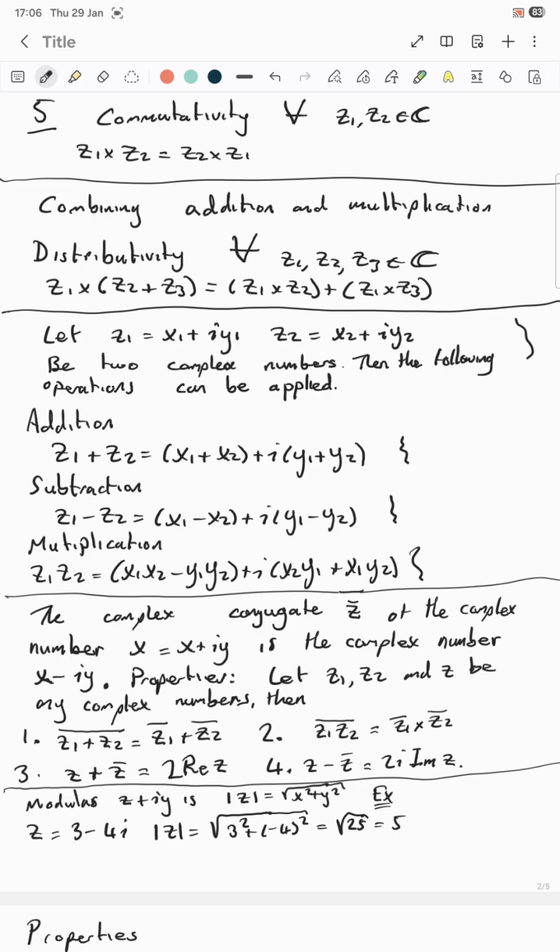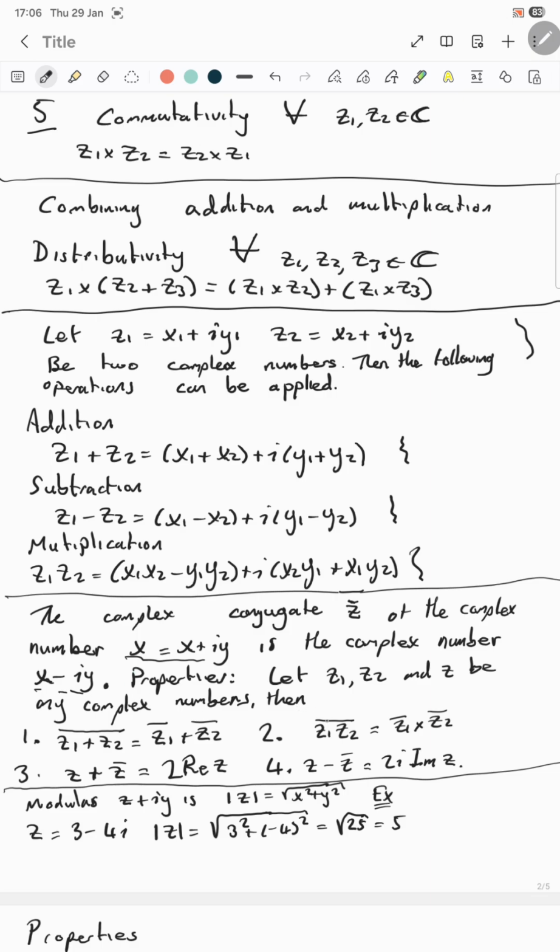Now we'll get onto the complex conjugate, Z with a little bar above it, of the complex number Z equals X plus IY. And X minus IY is the conjugate of, no, this is the complex number, and this is the conjugate.